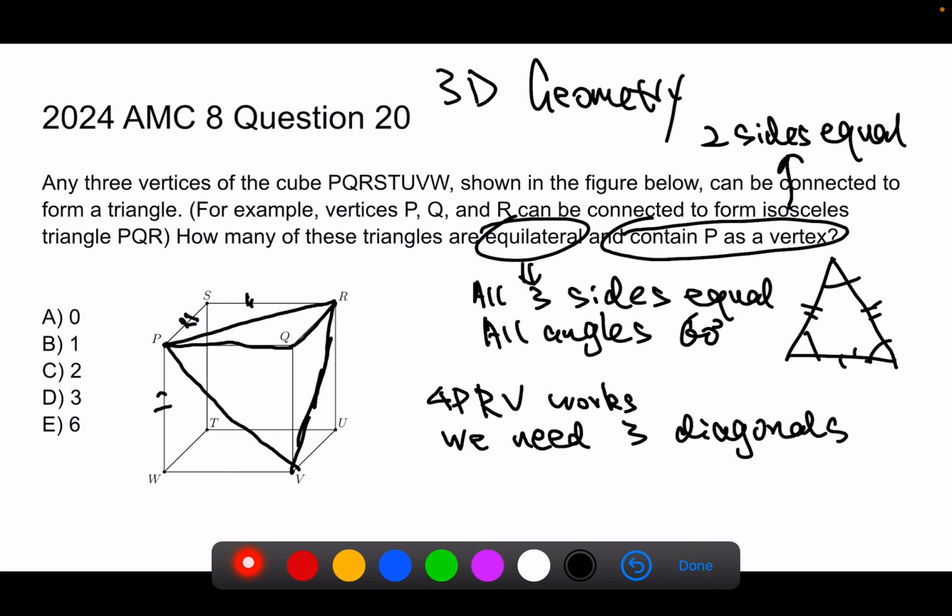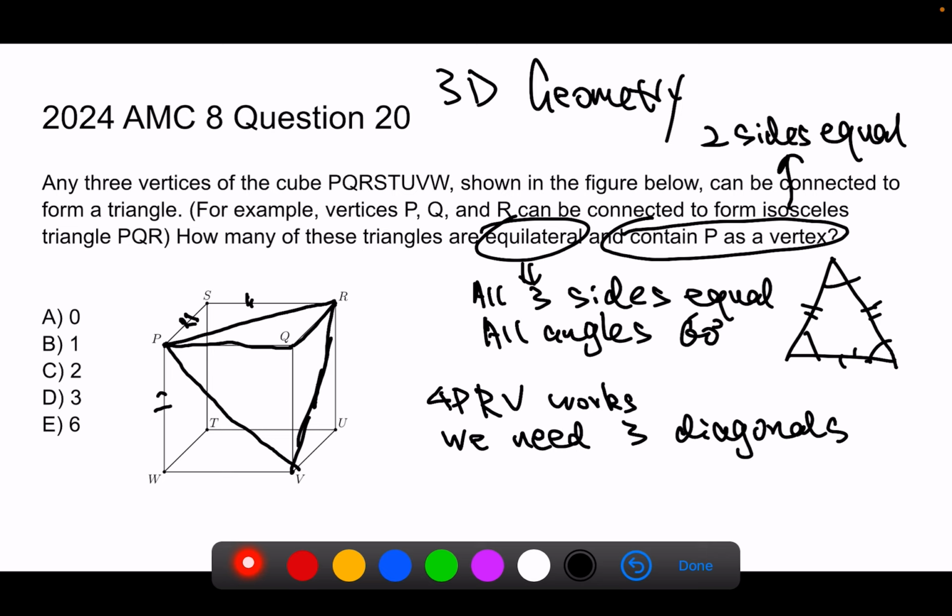Why? Because you tried a bunch of triangles. PQR doesn't work, PSR doesn't work, PWT doesn't work. What else? PST doesn't work. Anytime you use a side length, it doesn't work. So you can only use diagonals.